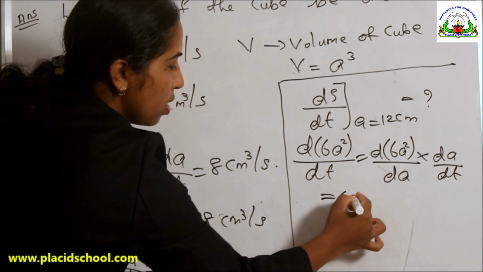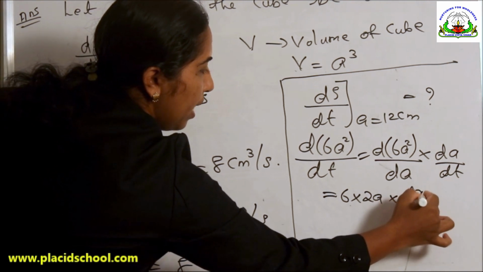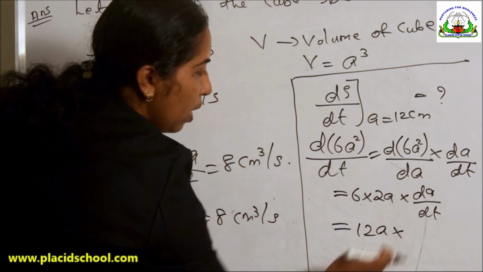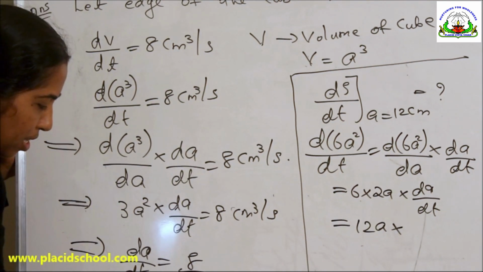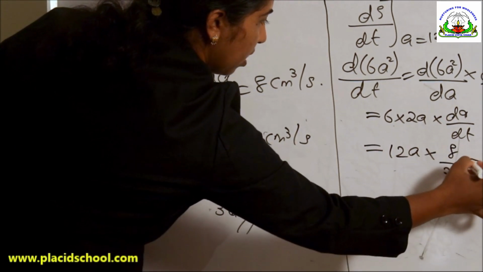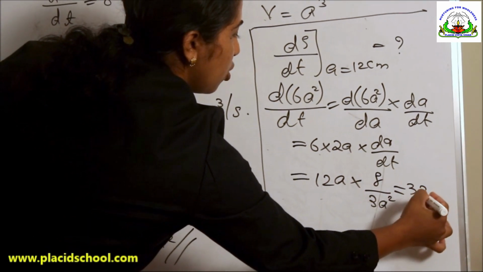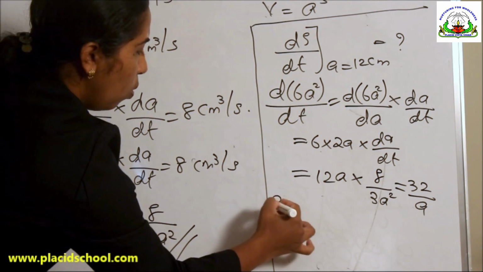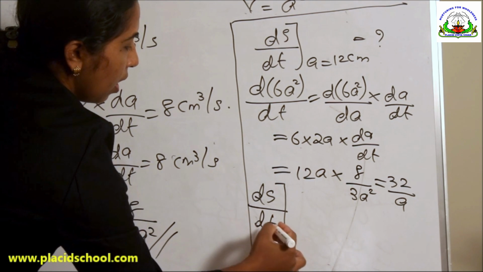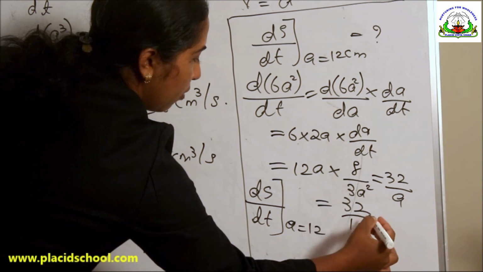This is equal to 6 is a constant, derivative of a square 2a into da by dt. This is equal to 12a into, instead of da by dt, from this step you can substitute 8 by 3a square. Doing the simplifications, we have 32 by a. Now, rate of change of surface area with respect to time t at a equal to 12 is 32 by 12.